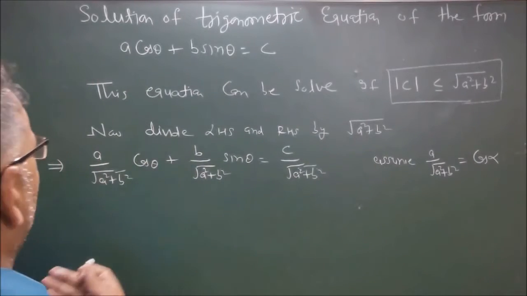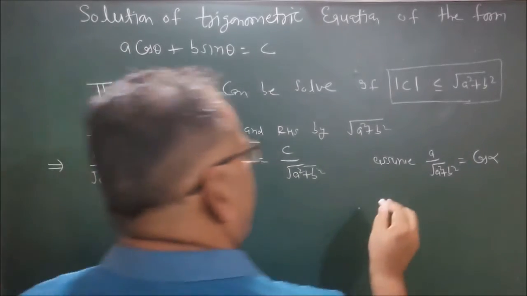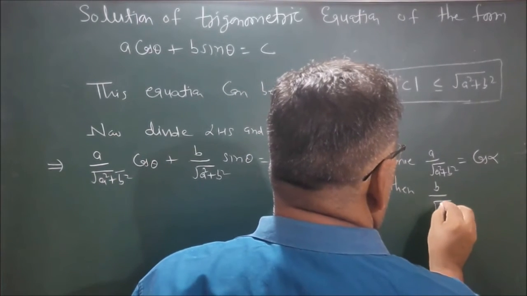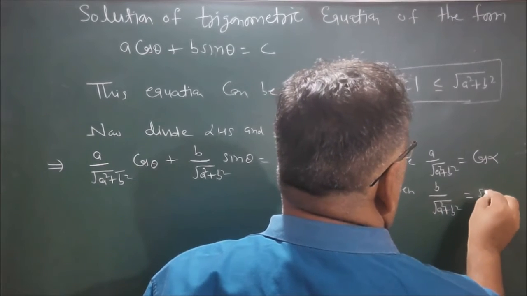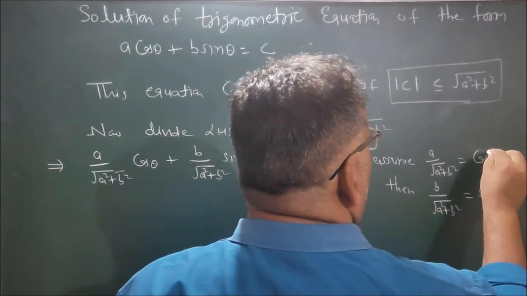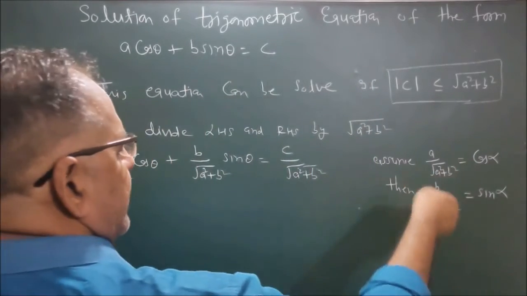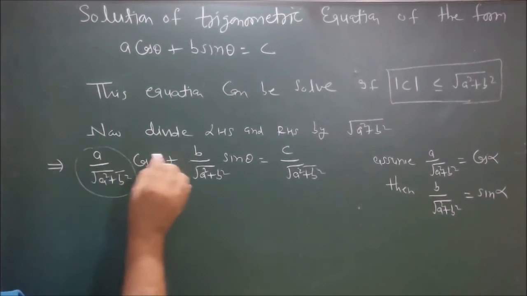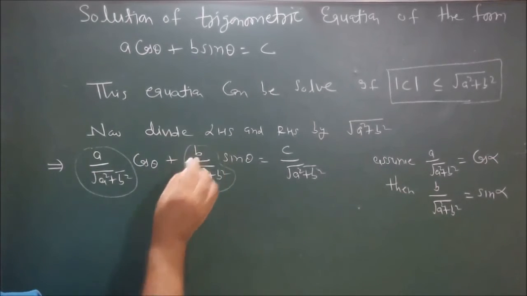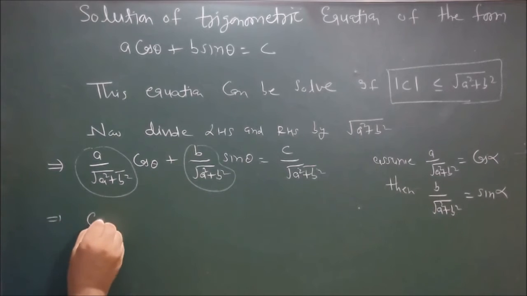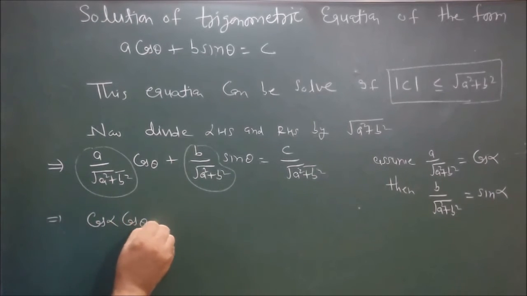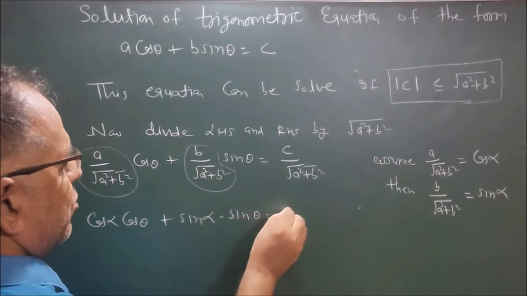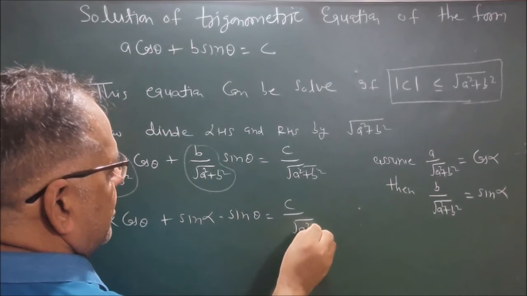So take a upon under root a square plus b square equal to cos alpha, then automatically b upon under root a square plus b square becomes sin alpha, because cos square alpha plus sin square alpha equal to 1, so they satisfy the property. Now you can write it as cos alpha into cos theta plus sin alpha into sin theta equal to c upon under root a square plus b square.